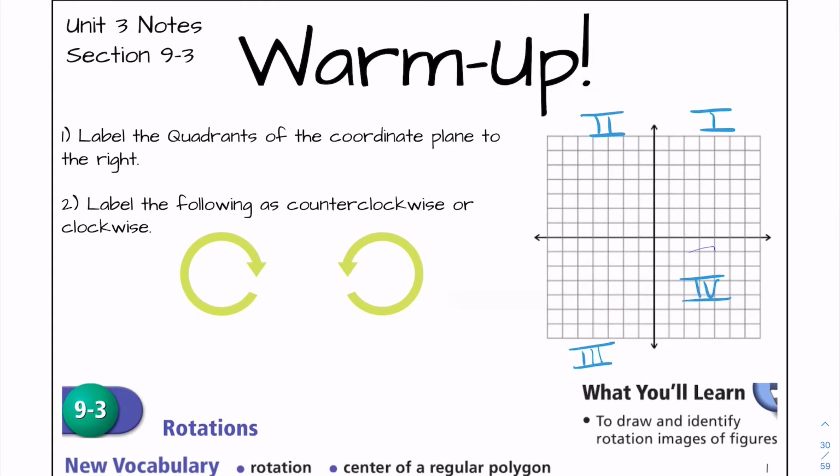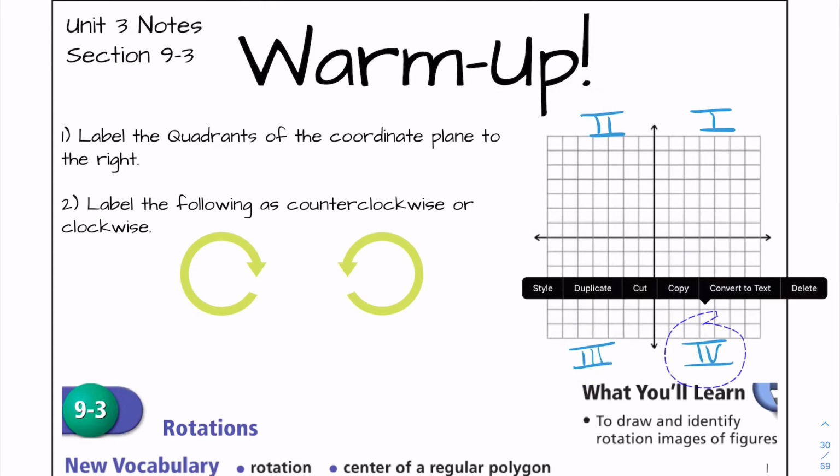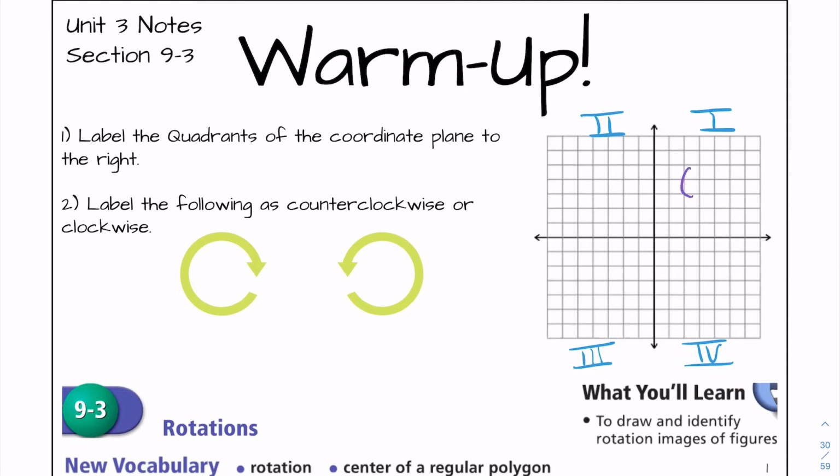And it starts at the top right. All items up here are positive x comma y's. These are negative and positive, so negative x's, positive y's. These are both negative x's and negative y's, and then these are positive x's and negative y's.